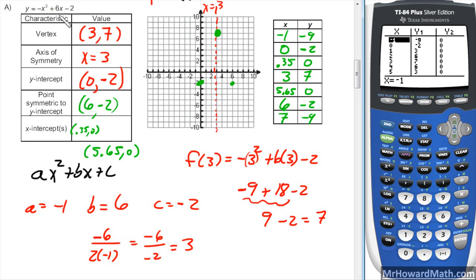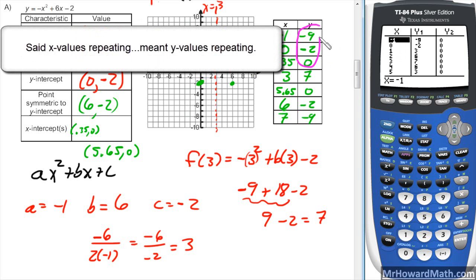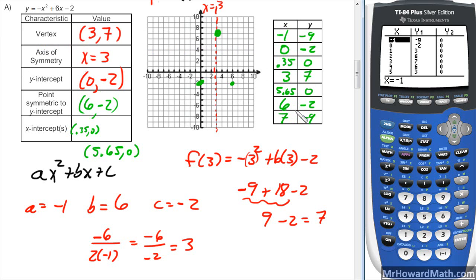Can you notice the symmetry of the parabola? We have these x values here repeating down here. You see those repeating there. If we wanted to verify that f of 7 is equal to -9 or f of -1 is equal to -9, then we can do that.